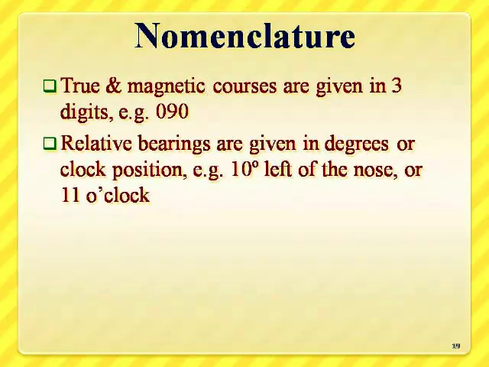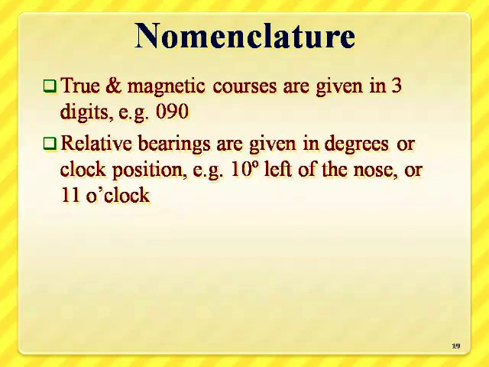The nomenclature for certain things is to be known at this time. There are true and magnetic courses, and they are given in 3 digits, that is 090 degrees. Relative bearings are given in degrees or clock position, that is 10 degrees left of the nose is one way people mention this, or people may say it's 11 o'clock because it is left of the 12 o'clock position.